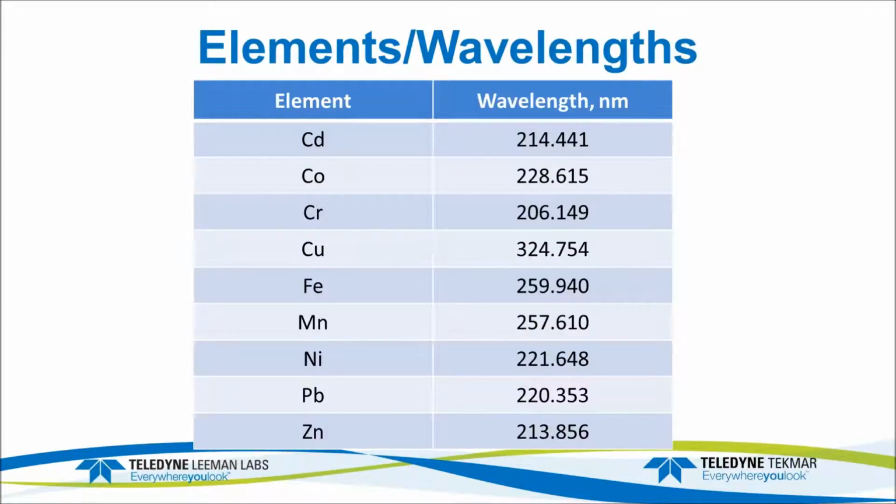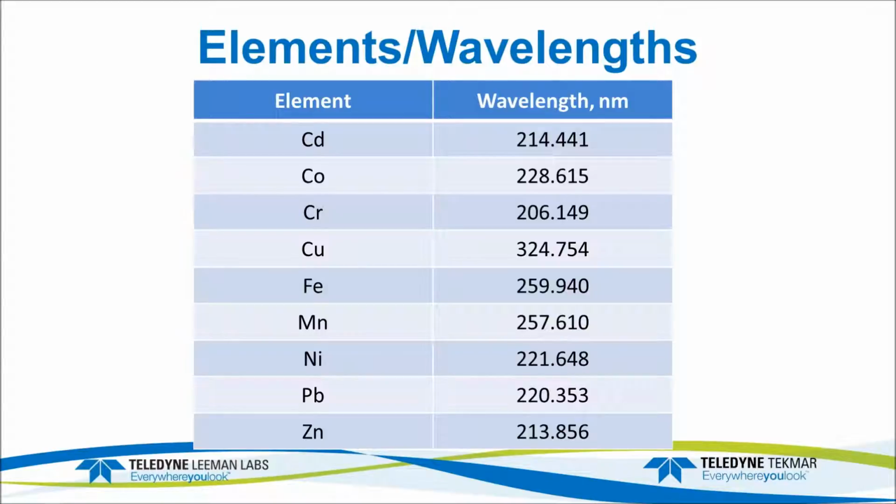Okay, the elements that we looked at are elements that are somewhat commonly done in the brewing process, particularly when people are analyzing wort solutions, and using basically the primary wavelength. So we're expecting the concentrations of all these to be actually low, so we picked the most sensitive wavelengths for those elements.